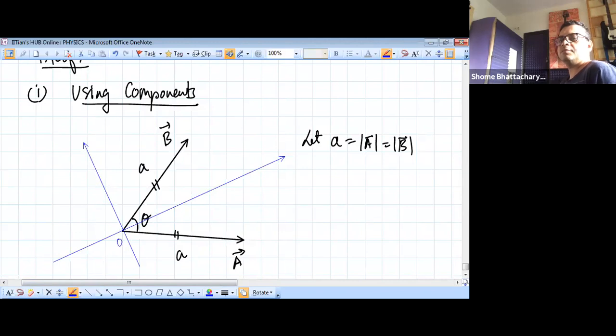So deliberately, I'm taking x-axis to be along this. So this is theta by 2, and this is theta by 2.